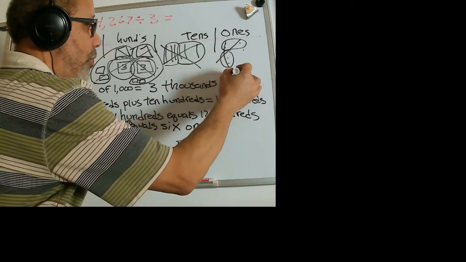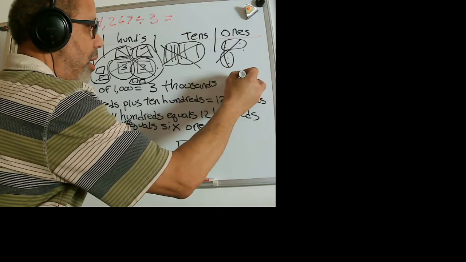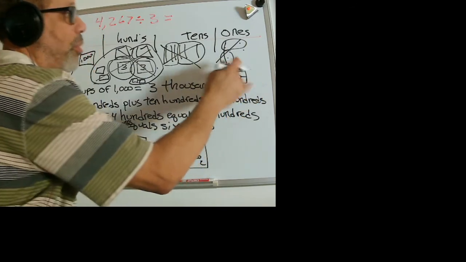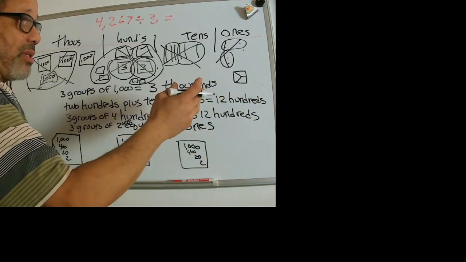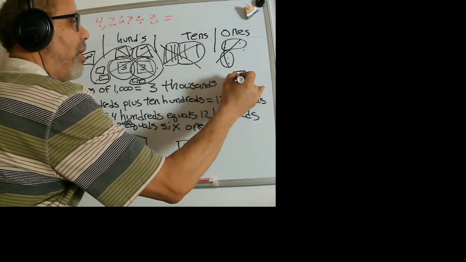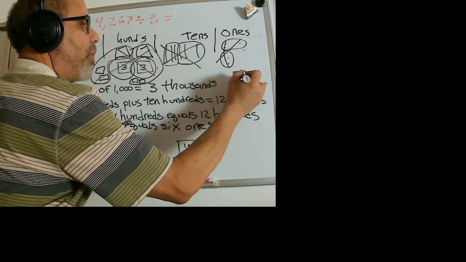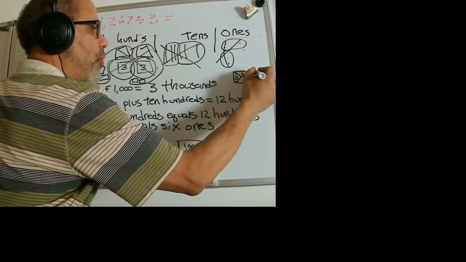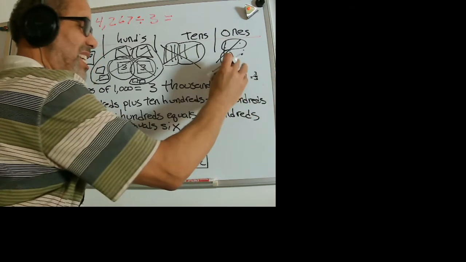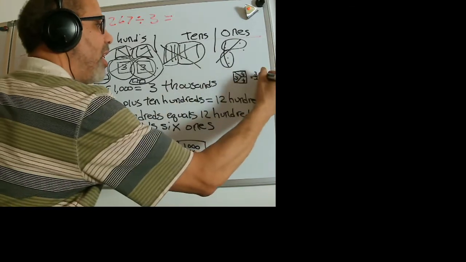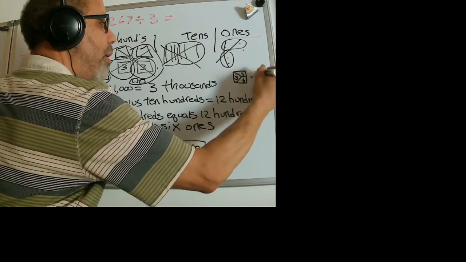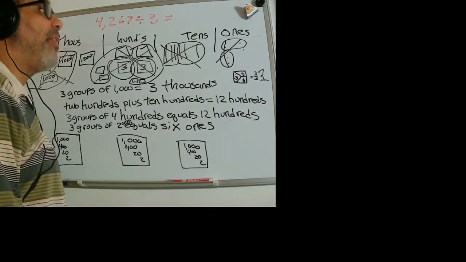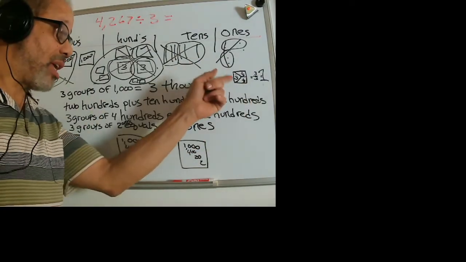So 3 equal-sized pieces. This is 1/3, this is 1/3, this is 1/3. Add them all up, you get 3/3, or the entire thing. 3/3 equals 1, right?